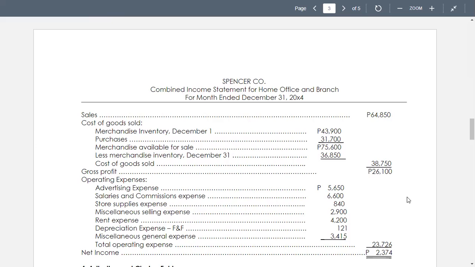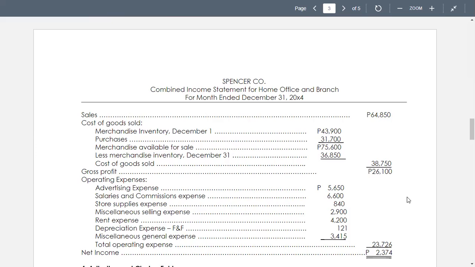So finally, we get the gross profit, and from the gross profit, we are going to deduct the total of adding 5,650, 6,600, 840, 2,900, and 4,200, 121, and 3,415.